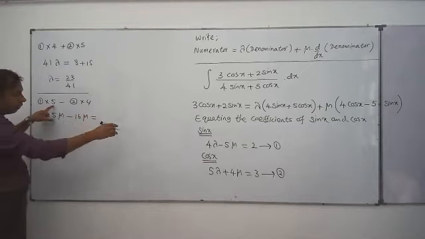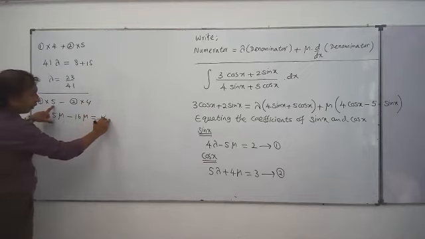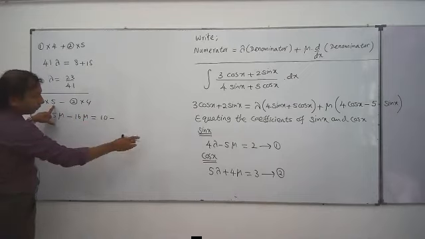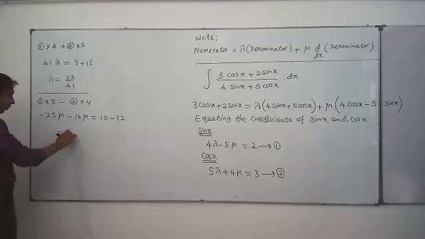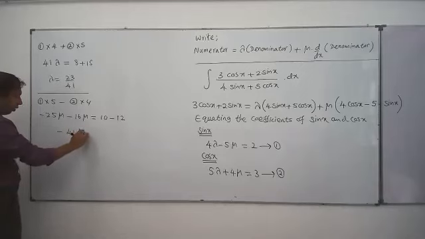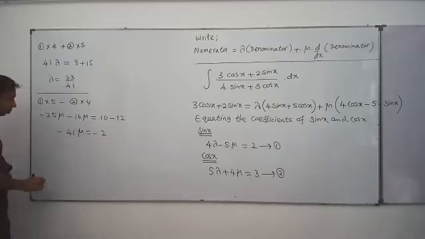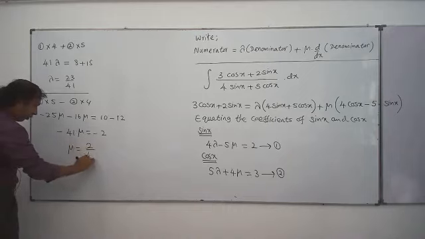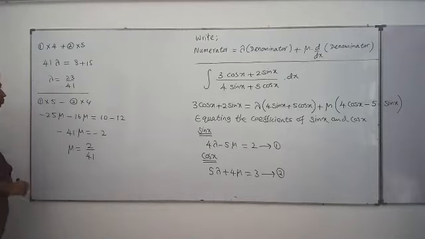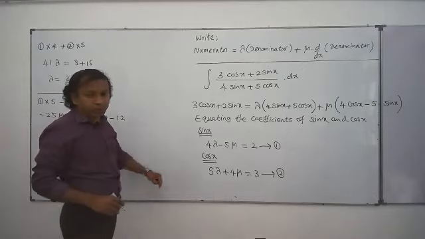The right hand side of number 1 multiplied by 5 gives 10, minus 12. Then minus 41 mu equals minus 2, so mu is 2 divided by 41. Then we found both lambda and mu.